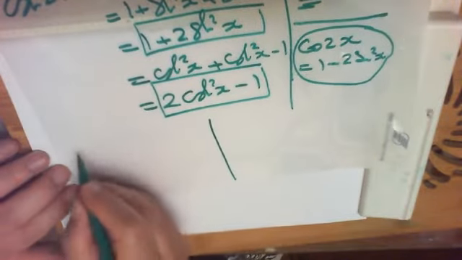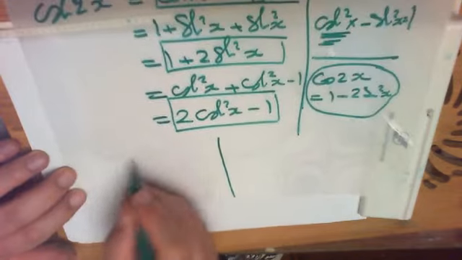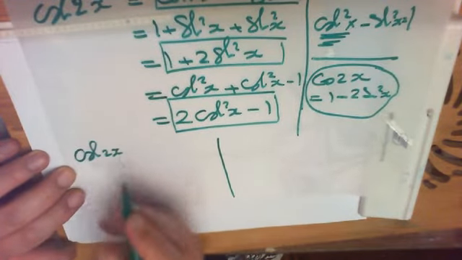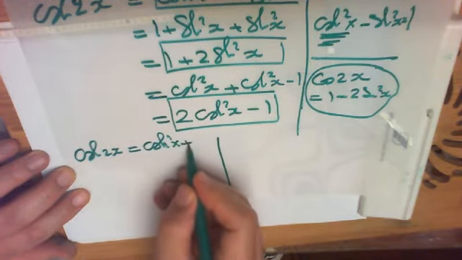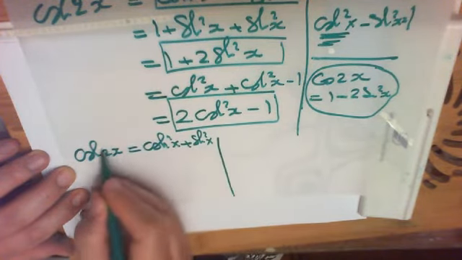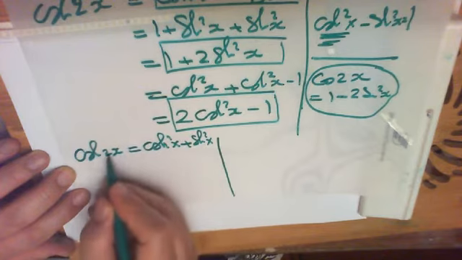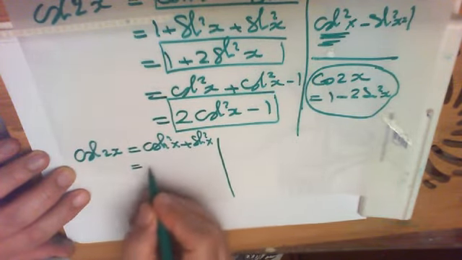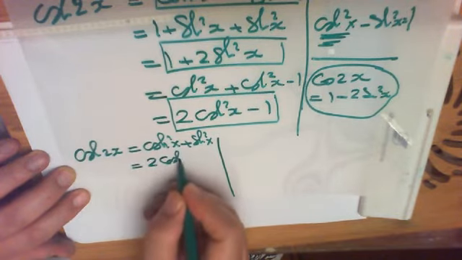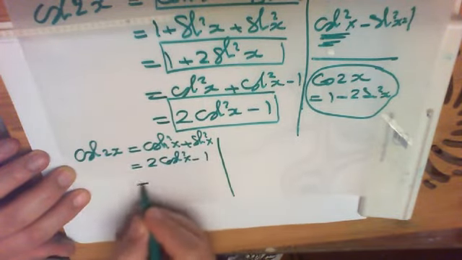I will write for you: cosine 2x can be expressed as either cosine squared plus sine squared, taking care that this x is x by 2, or 2 cosine squared minus 1, or 1 plus 2 sine squared.